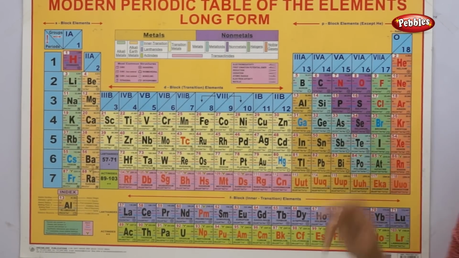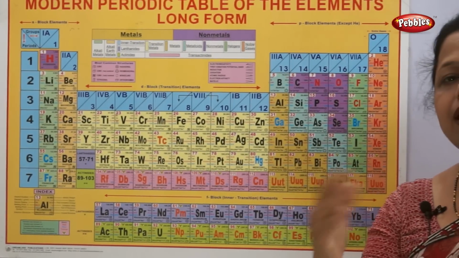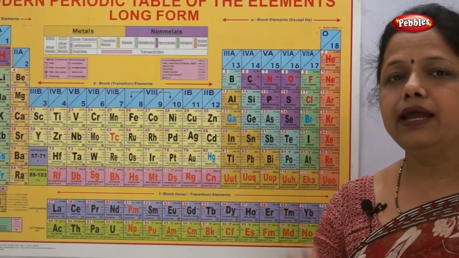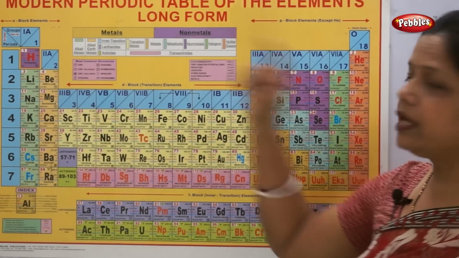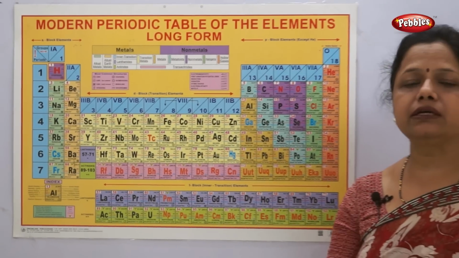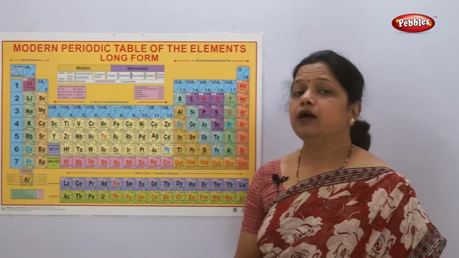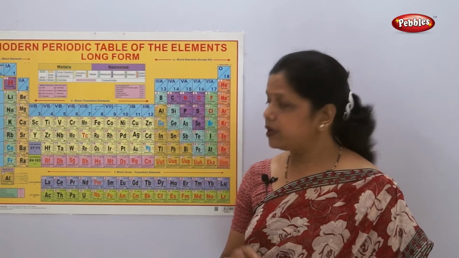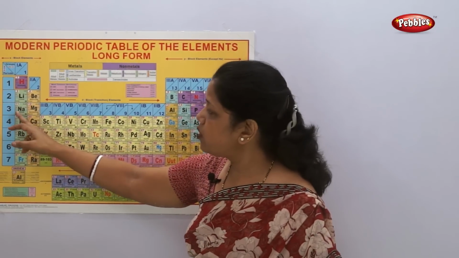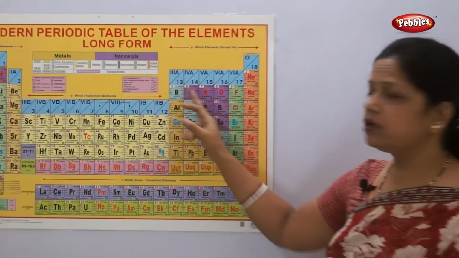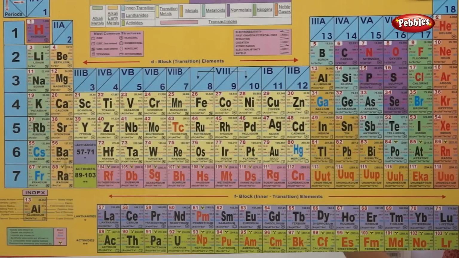Now you should know the reason for it. You can be asked a give reason question. When we go from left to right in a period, atomic size decreases. Why? The atomic size decreases because as the number of valence electrons goes on increasing, the charges are getting pulled towards the nucleus.